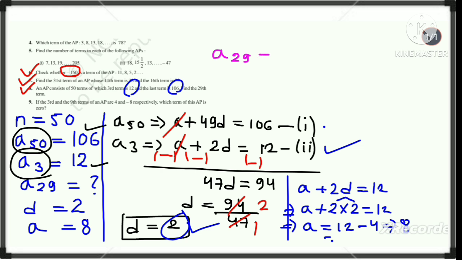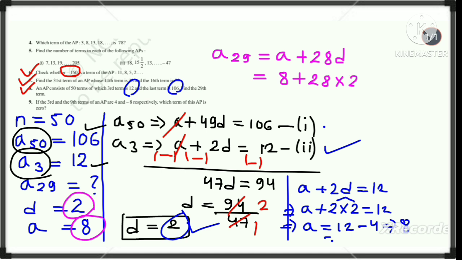Now we can easily find its 29th term, that is a29, and this a29 can be written as a plus 28d. a equal to, we have just obtained 8, plus 28 into d equal to, we have 2.